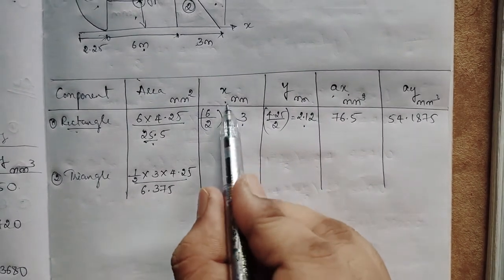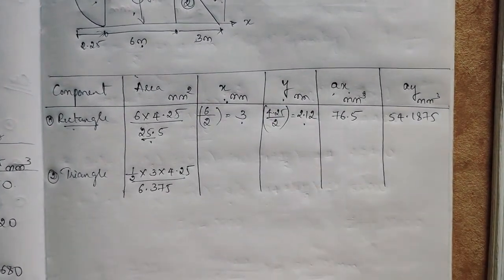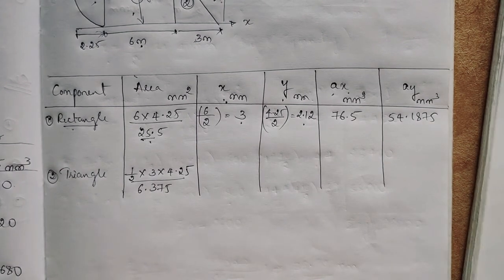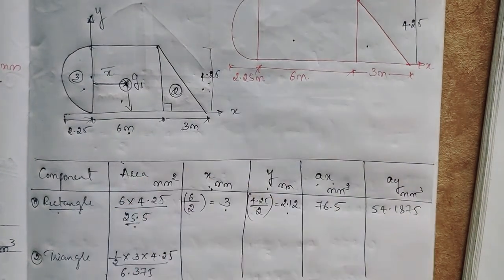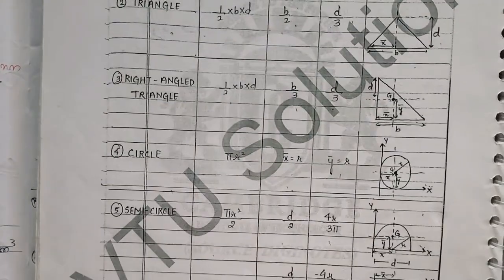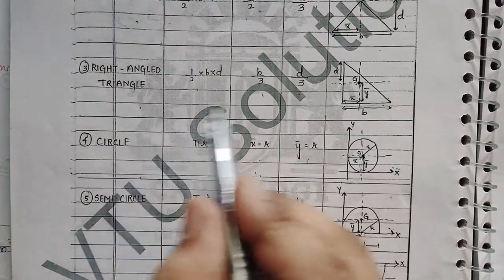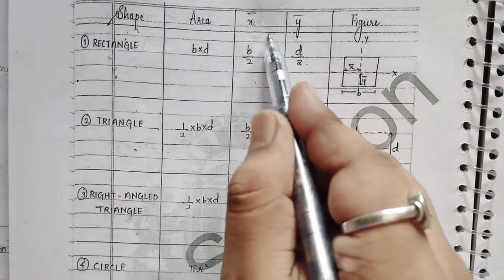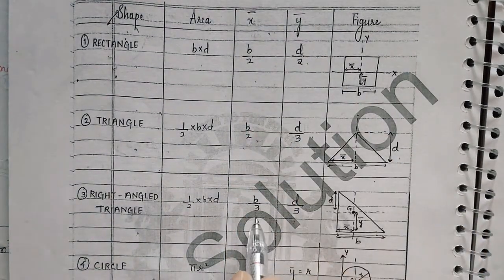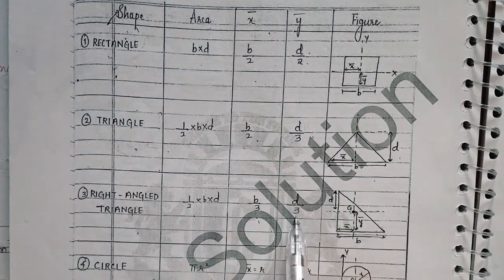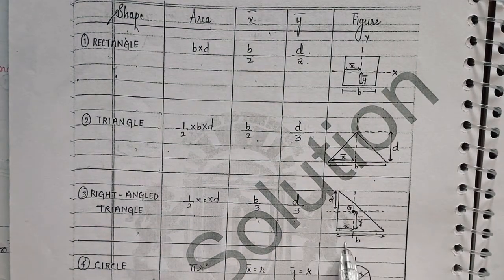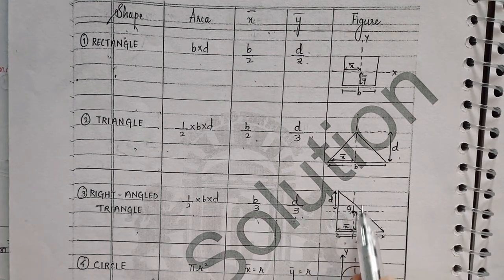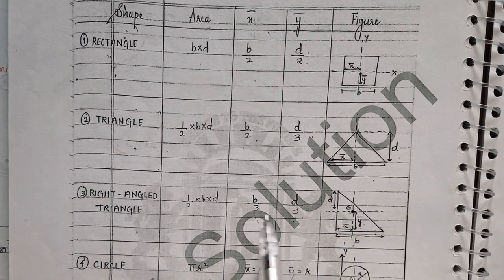Now I want to find x distance and y distance. So remember, I have given you the formula for the triangle. This is a right angled triangle. See here, I have given you the formula after solving. Please remember this. Whenever a right angle triangle is given, the distance of x is b by 3 and the distance of y is d by 3, where d is the height.